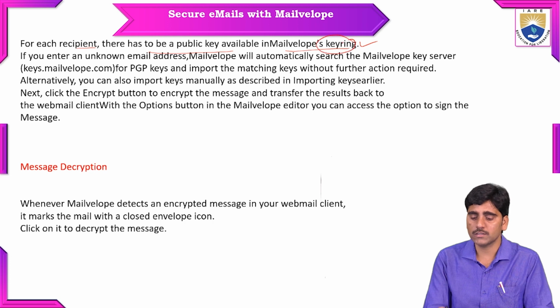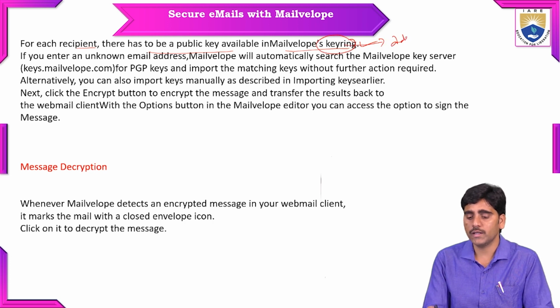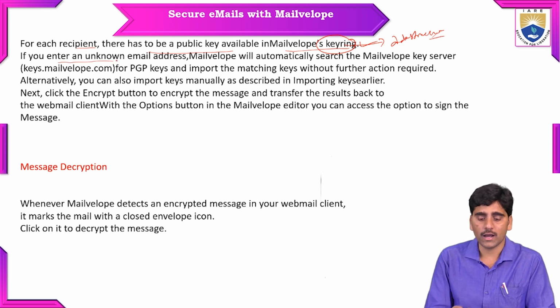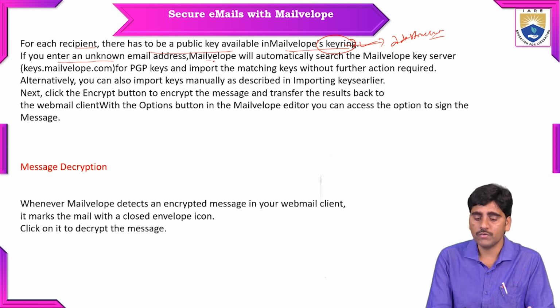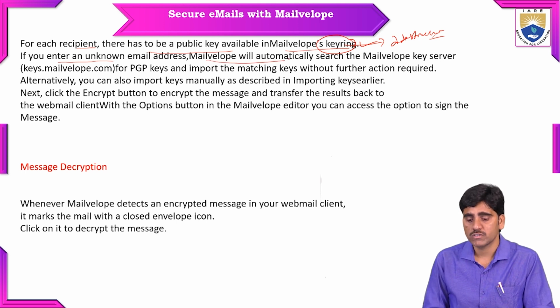Here the keyring is nothing but a data structure which maintains all the public key IDs and private key IDs. If you enter an unknown email address, Mailvelope will automatically search the Mailvelope key server. It searches for the verification of the mail.